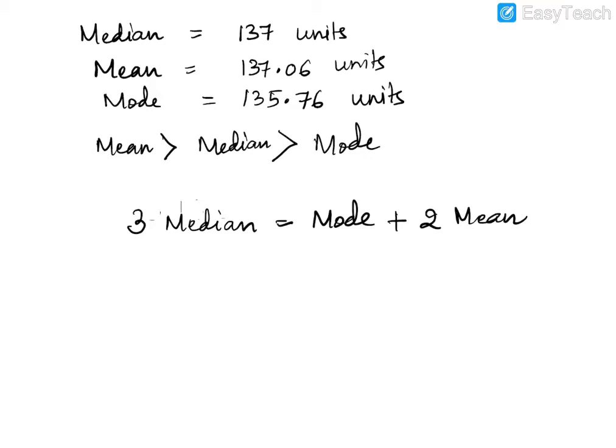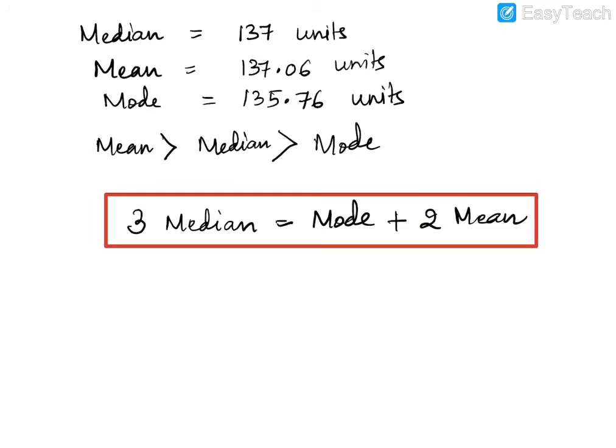On substituting above values of median, mean and mode in this equation, you will find that the left hand side is approximately equal to the right hand side. This is because this equation is an approximate relationship between the three measures of central tendency.